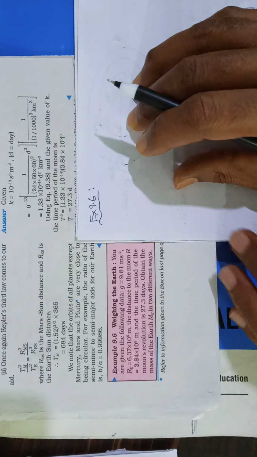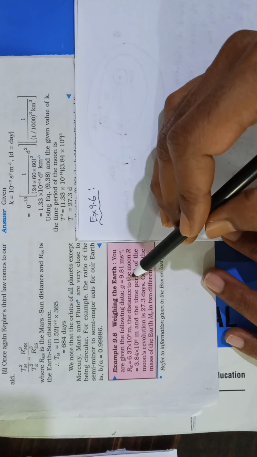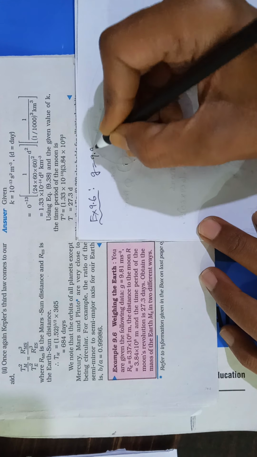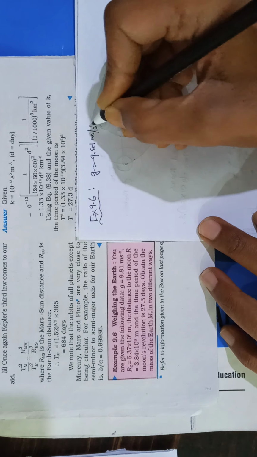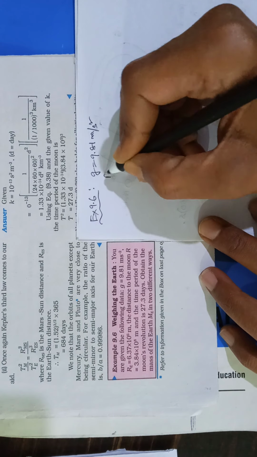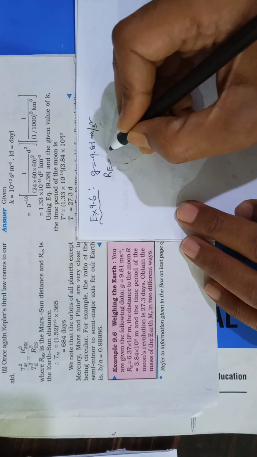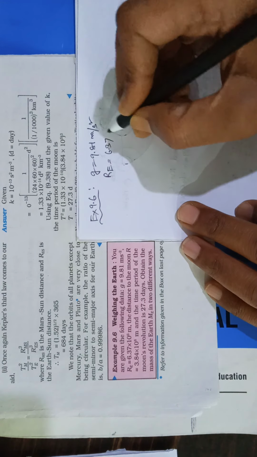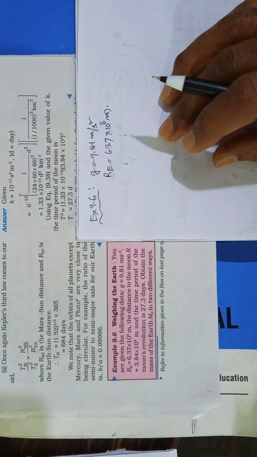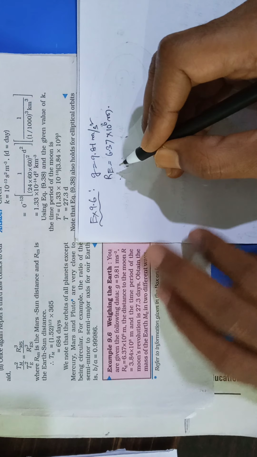Now example 9.6, weighing the Earth. You are given the following data. g is equal to 9.81 meter per second square. Re, radius of Earth. The distance to the Moon.